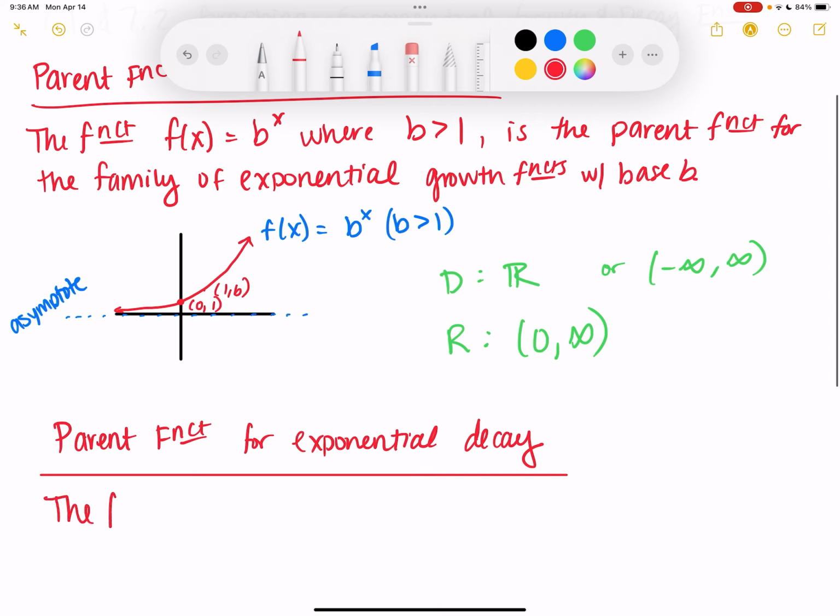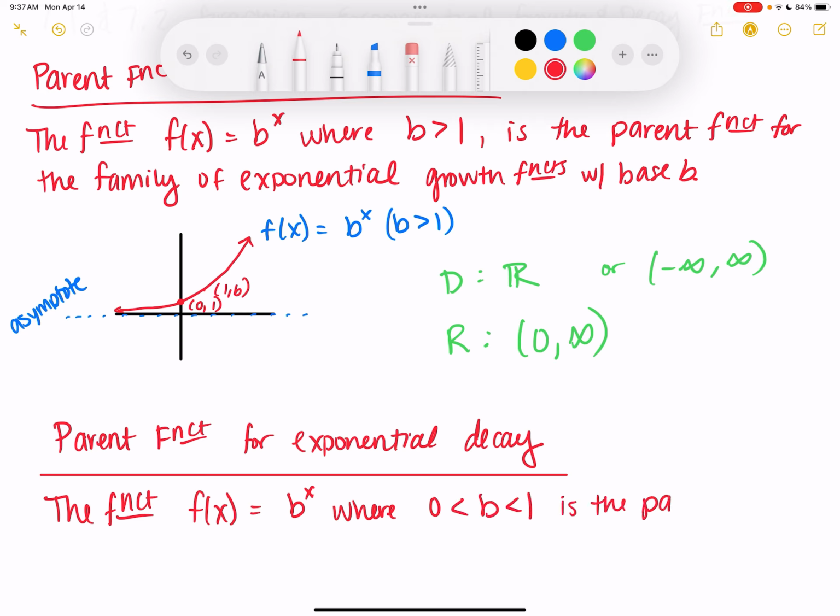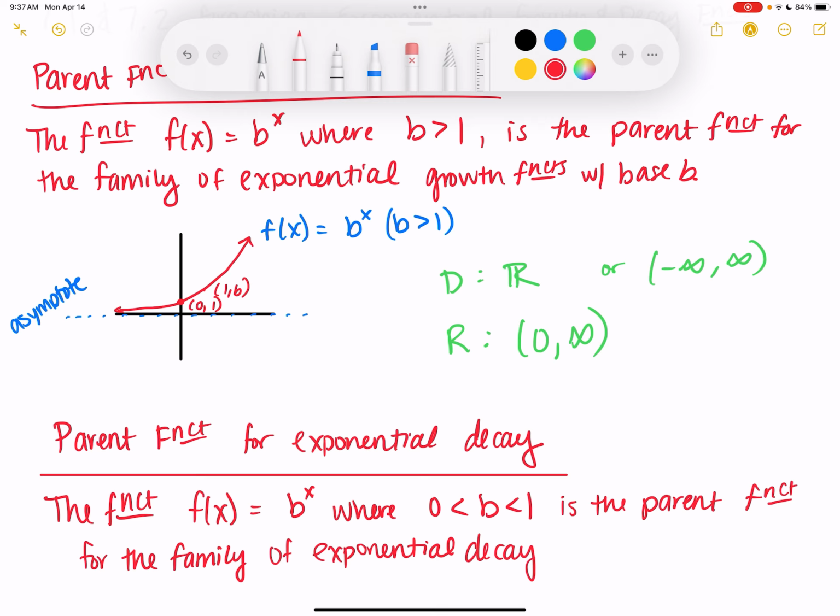So the function f of x equals b to the x, where 0 is less than b is less than 1, is the parent function for the family of exponential decay functions with base b.